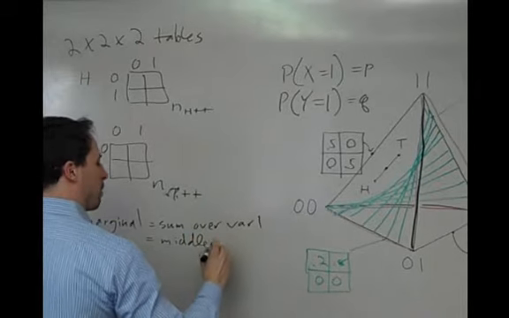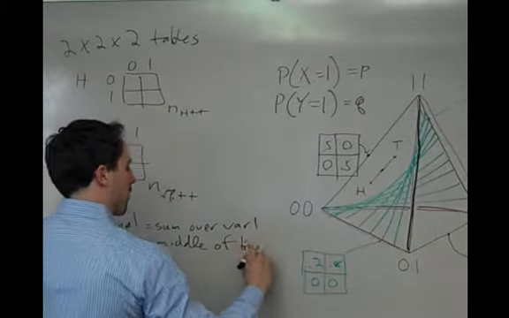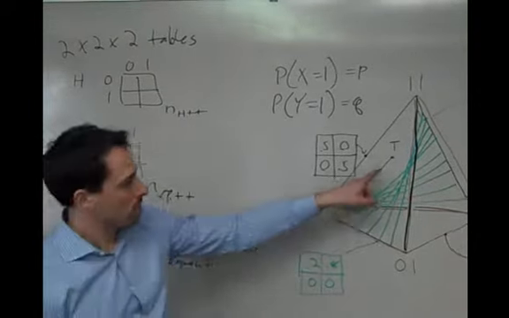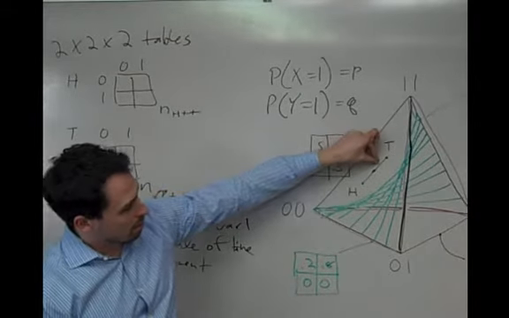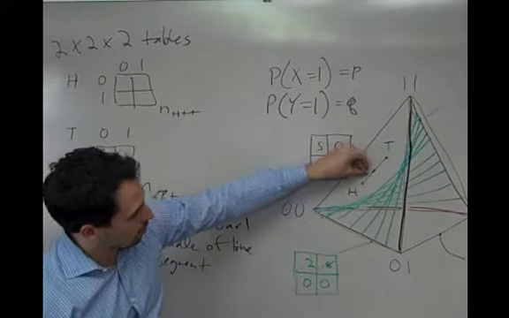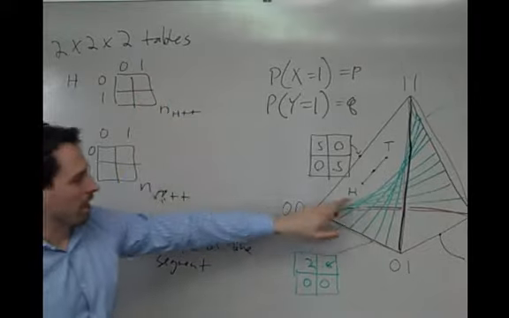It doesn't have to be the exact middle of this line segment. If n t++ is larger, this point is going to move closer toward t. If this is smaller than that, it's going to move closer to that. If one of these totals is 0, then I just have a 2 by 2 table, and I only really have 1 point.